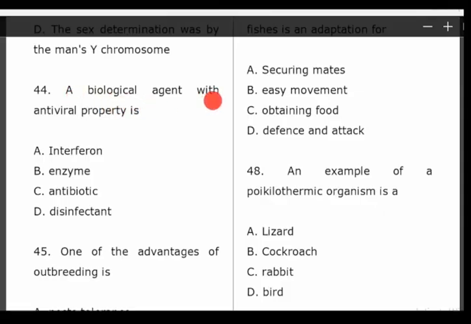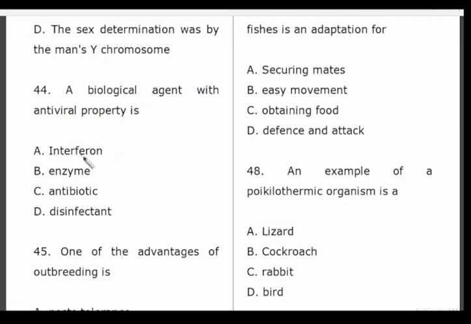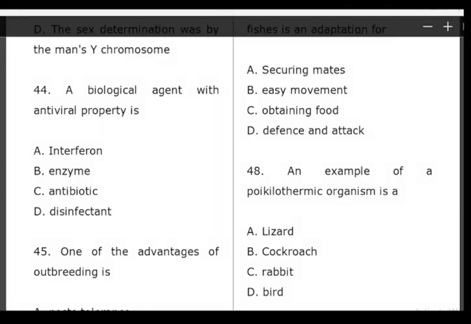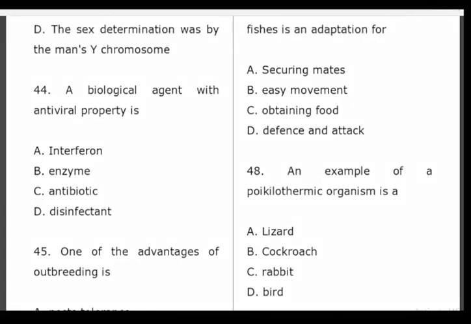A biological agent with antiviral properties is: interferon, enzyme, antibiotic, disinfectant. Now, to help us understand this question and answer it effectively, we need to understand some keywords, because this particular question is very tricky. There are some clues that will help us answer it appropriately. First, we need to understand what biological agent means, and what antiviral means.